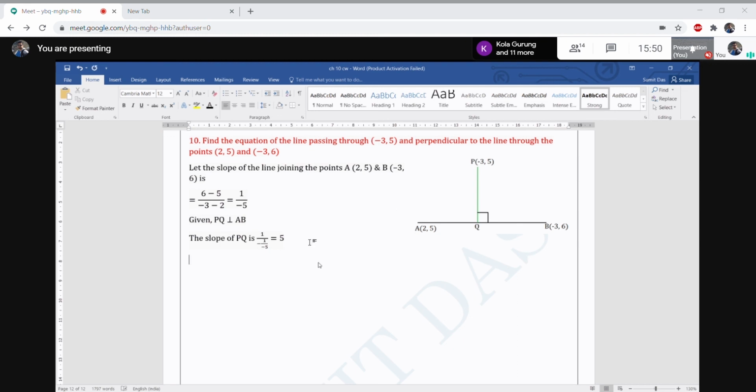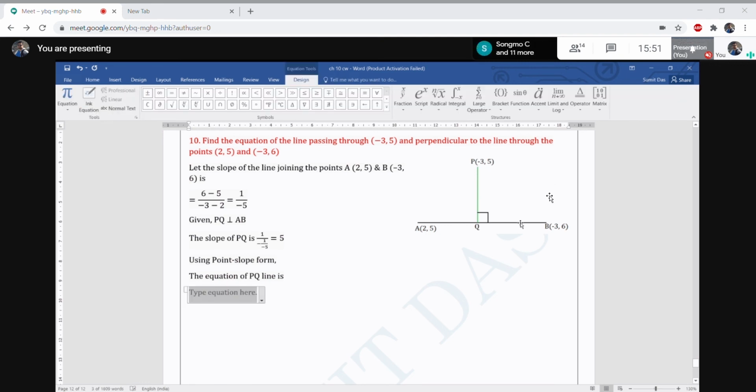Okay, now using the point slope form, the equation of the PQ line is, we have the slope and we have one point of PQ. So the formula is y minus y naught. What is y naught? 5. Equal to what is the slope? 5. Then x minus x naught, that is minus 3.